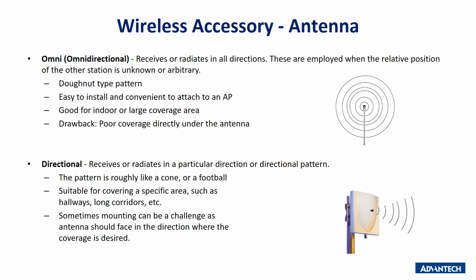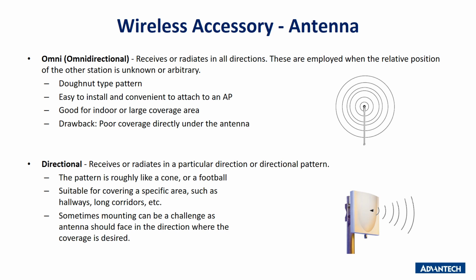When we talk about wireless communication, the antenna is a big issue during the setup and design phase. The wireless uses the antenna to transmit and receive data. Therefore, the wireless signal quality is relative to the antenna performance. There are two common antenna types, one is omnidirectional, and another one is directional.